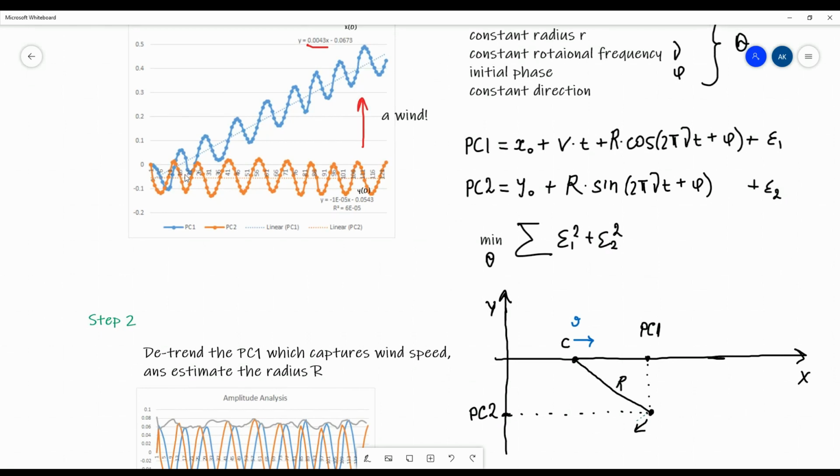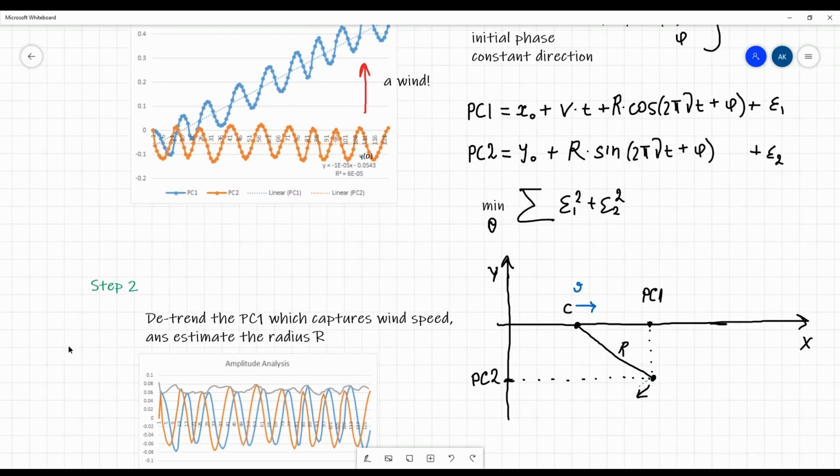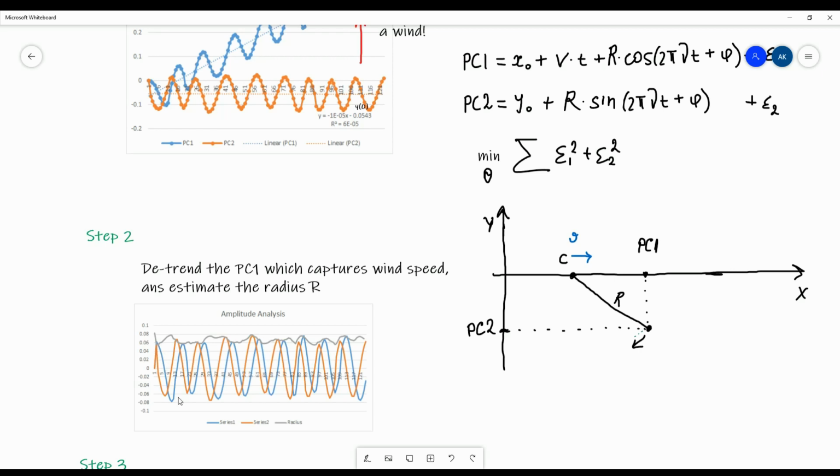We get the PC1 and PC2 graphs like here, but then we detrend PC1. We remove this slope, right? And when we detrended it, we see they look like two sine waves with shifted phase. And they're reflecting this circular movement with the same radius. So they have the same radius.